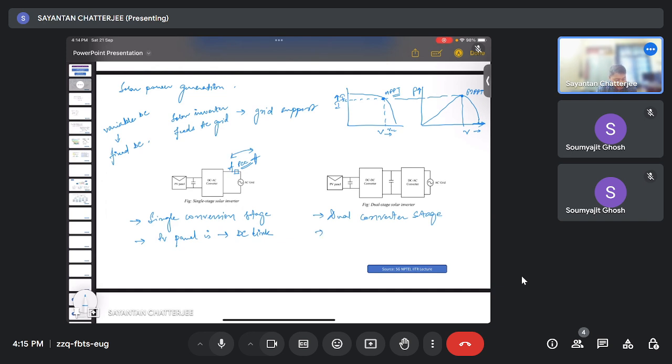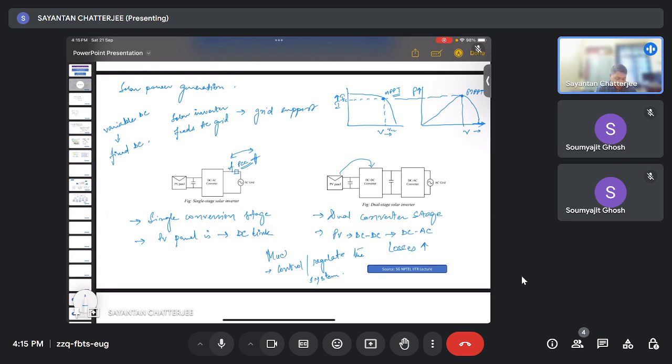Dual converter stage. So the PV panels are connected directly to this DC-DC stage, and the output of this DC-DC stage is connected to the DC-AC grid stage. Here the losses are high, but the control we get to regulate the system is much higher.